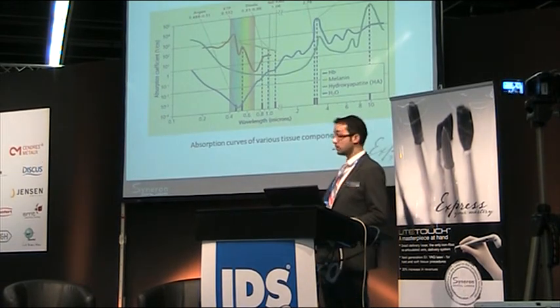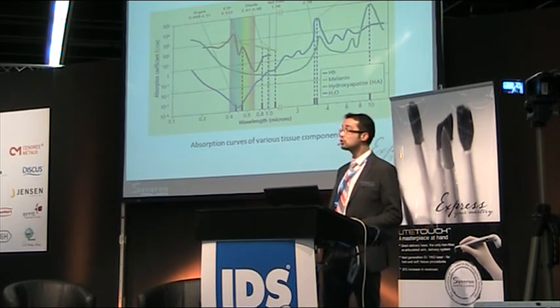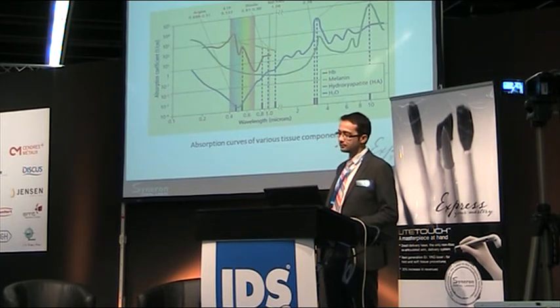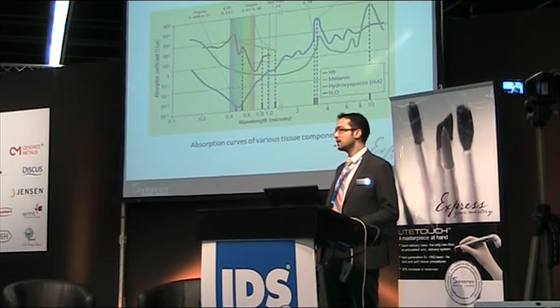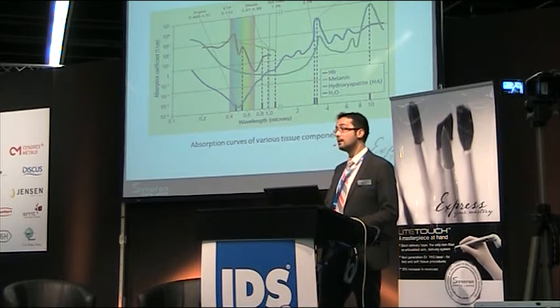This is a very popular chart, and you can see the absorption curves of various tissue components. You know that in the soft tissue there is melanin, there is hemoglobin. In hard tissue there is hydroxyapatite, there is water also.